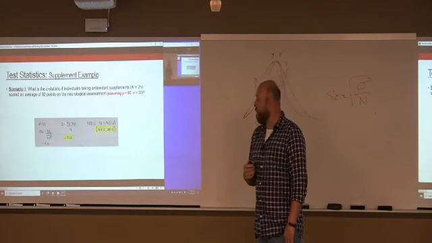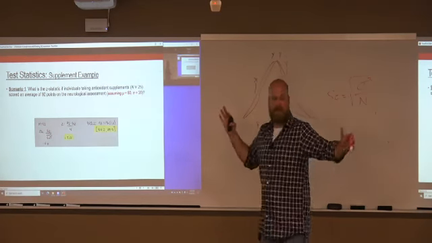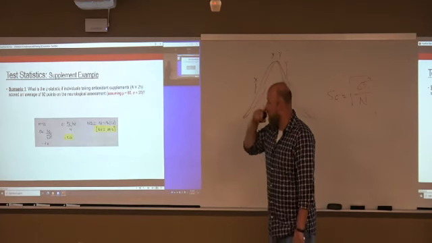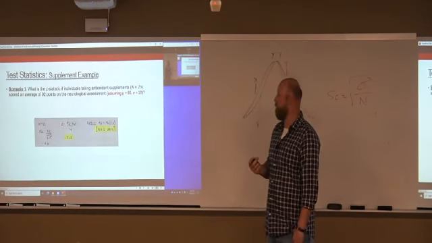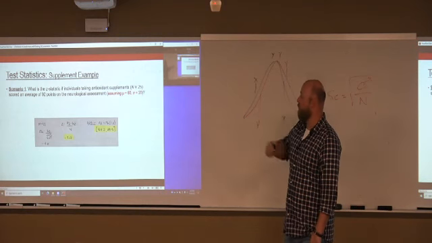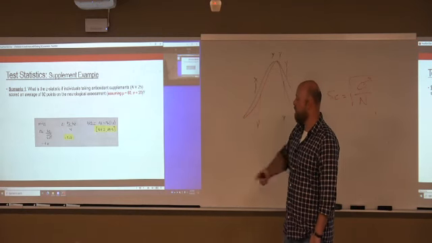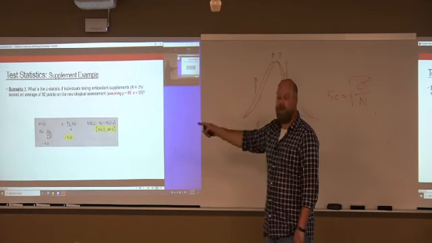So if I'm writing this out, I've documented how I'm setting things up, right? I'm going to calculate my standard error, because I've got a known population value. That gives me my standard error of 4.